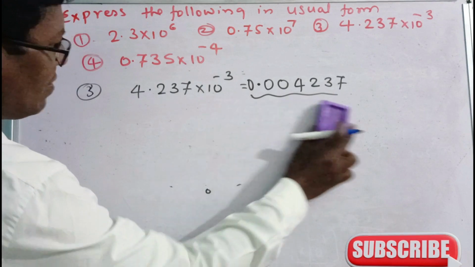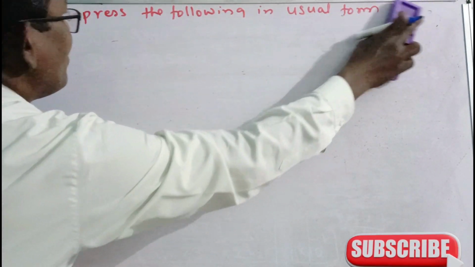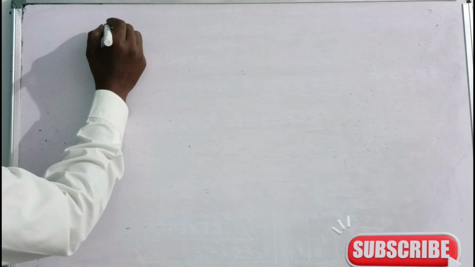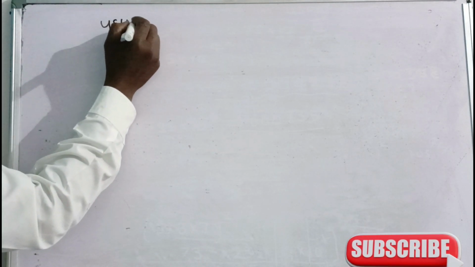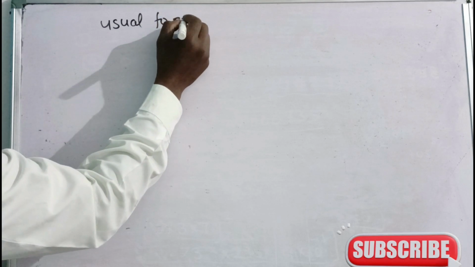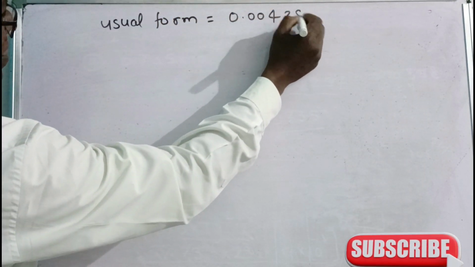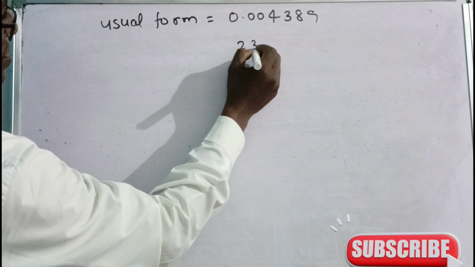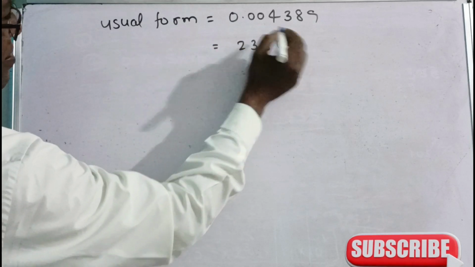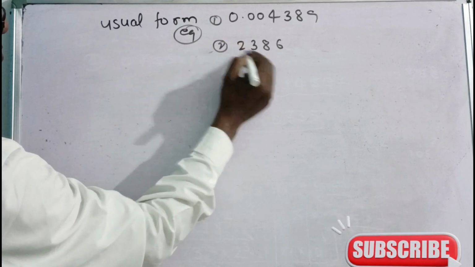What is the usual form, standard form, scientific form, exponential form? Usual form जो हम यूज करते हैं हमेशा, usual form, that is 0.004389. Again 2386, example 1, 2.